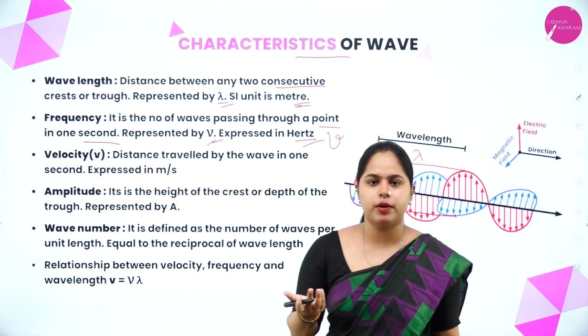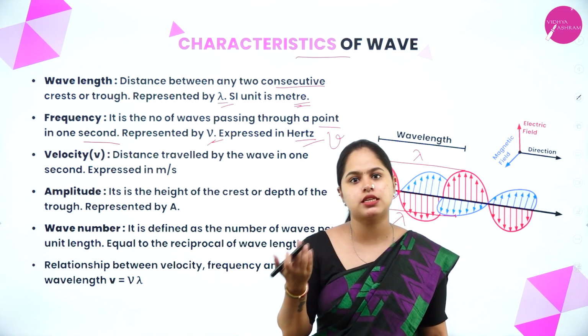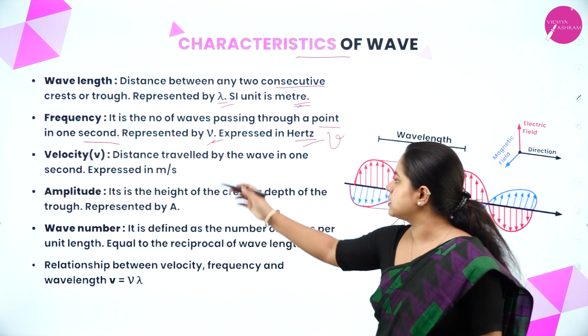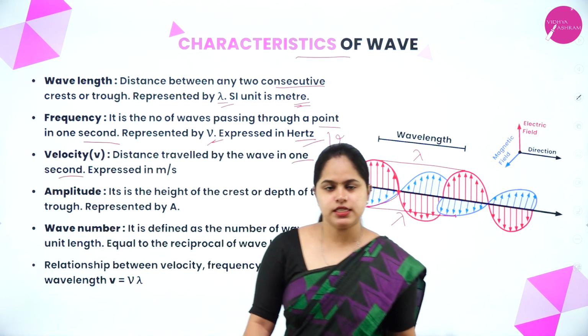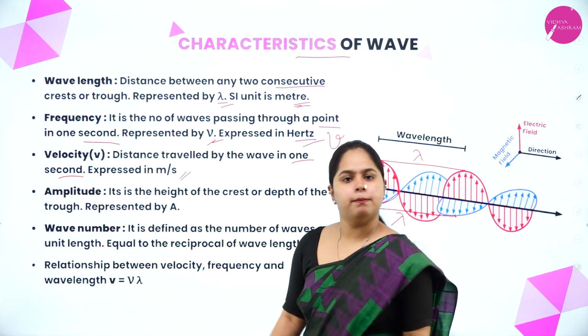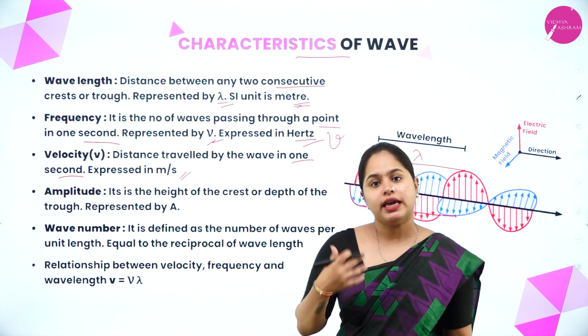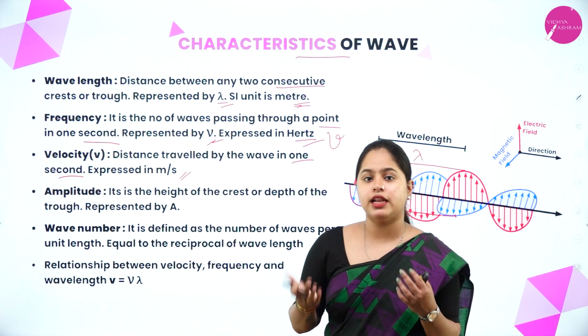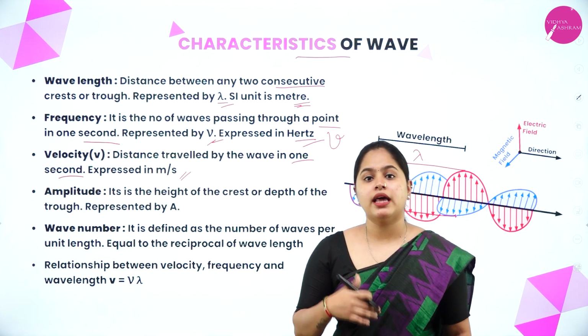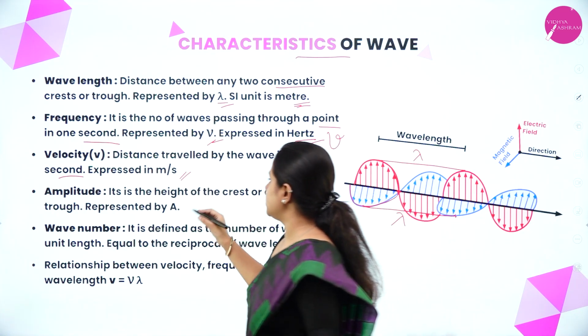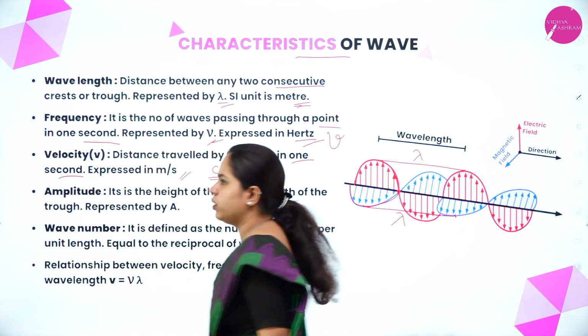You are already familiar with velocity. What is velocity? It is distance by time, right? In this case, it's the distance traveled by the wave in 1 second. So the unit for it will be meter per second. In the case where electromagnetic waves are traveling in vacuum, you can express the velocity as c instead of v.